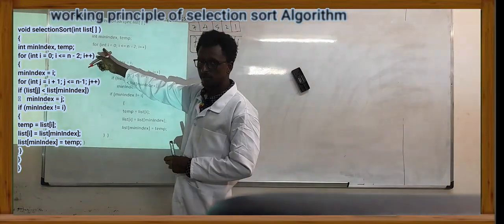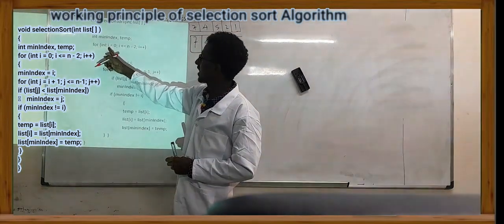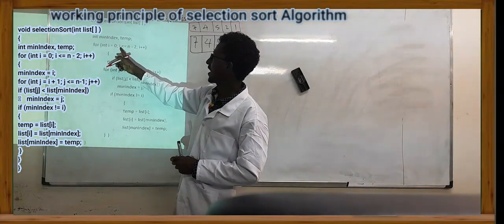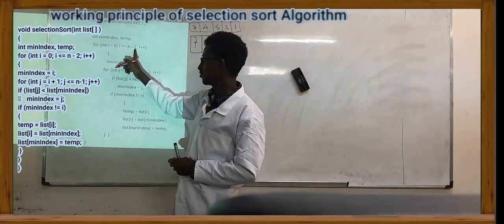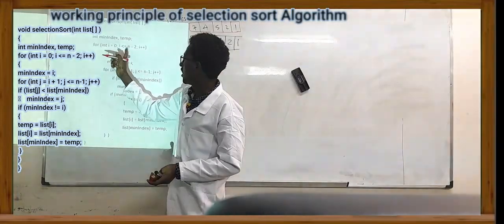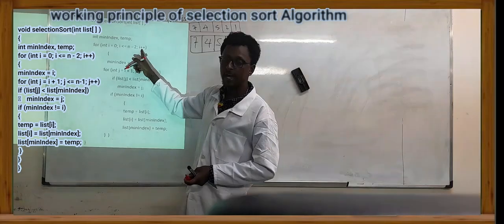In the first outer for loop, we declare integer i starting from 0, with i less than or equal to n minus 2, or i less than n minus 1, you can say, and i plus plus.